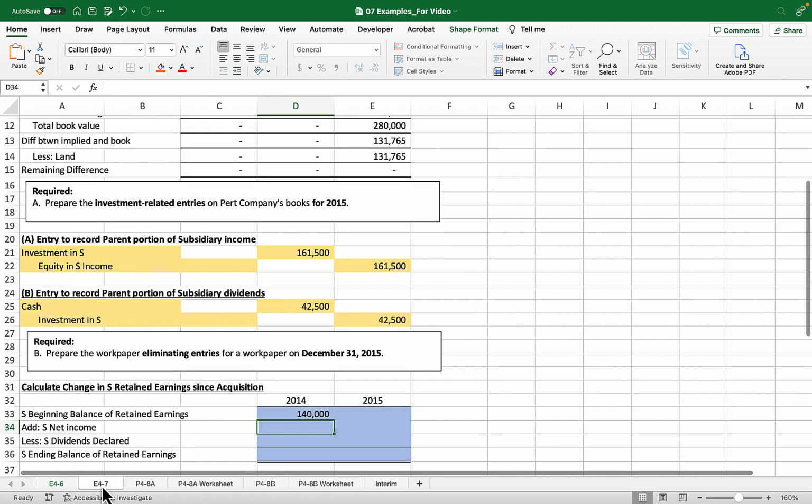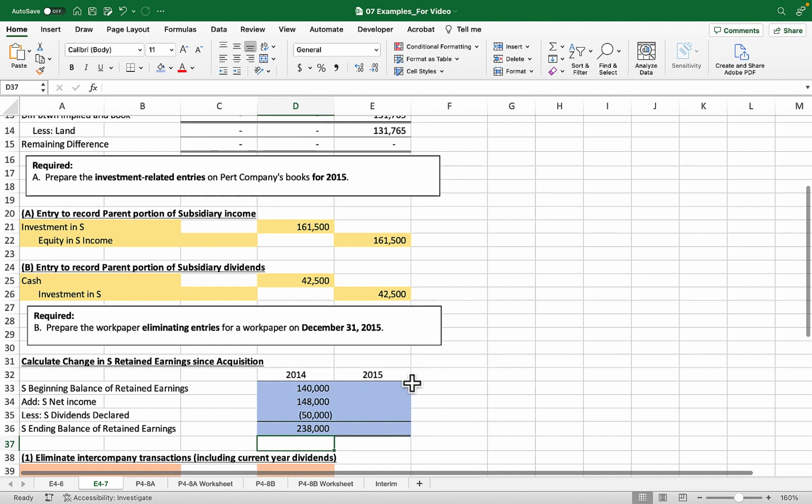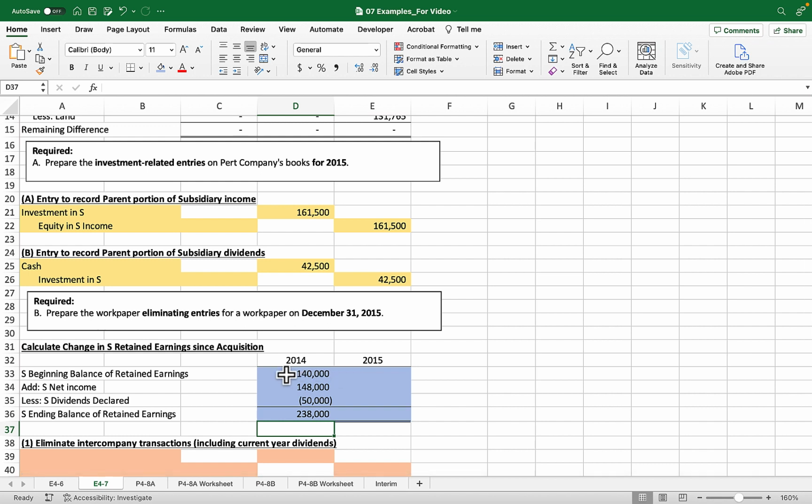So we're going to take that $148,000, we're going to put it here. $148,000. And we're going to take out that $50,000 dividend. And so again, our ending retained earnings balance is going to be our beginning balance plus net income minus any dividends declared. So again, we're just making a little roll forward for our subsidiary, and that's why this is blue, because this is all information coming out of their general ledger.